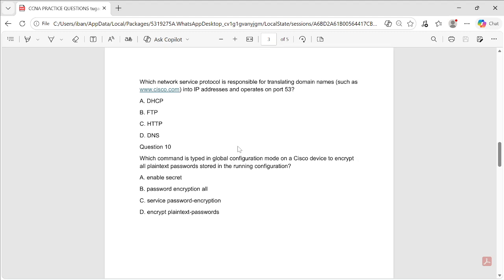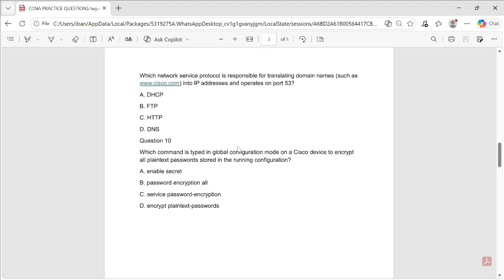Next, the last question: which command is typed in global configuration mode on a Cisco device to encrypt plain text password storage in the running configuration?